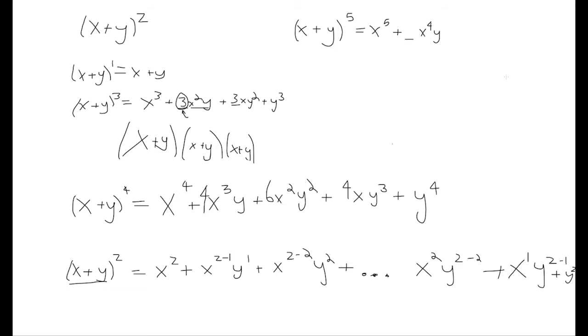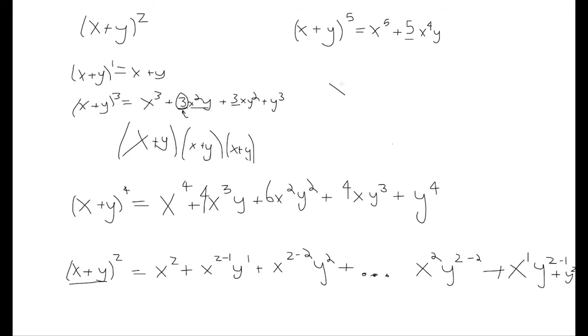Well, how many different ways can y be chosen from 5 x plus y's? Well, there are going to be 5 different ways, right? Because there are 5 different ways to choose one x plus y from the group.